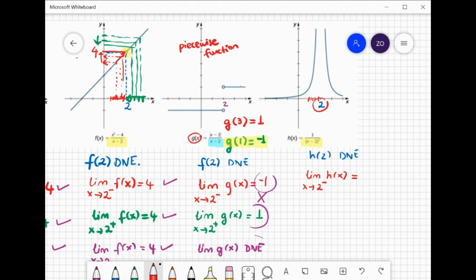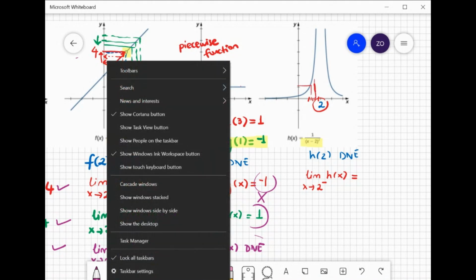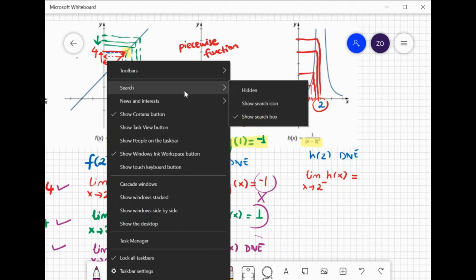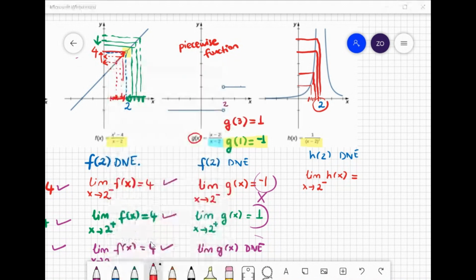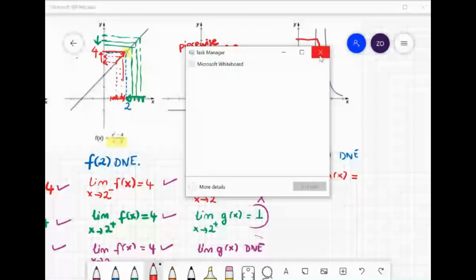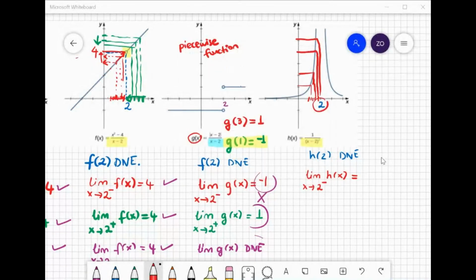As we get closer to 2, what happens to the y values? What do you think they are getting closer to? Positive? Positive what? Positive infinity, that's right. That's correct.